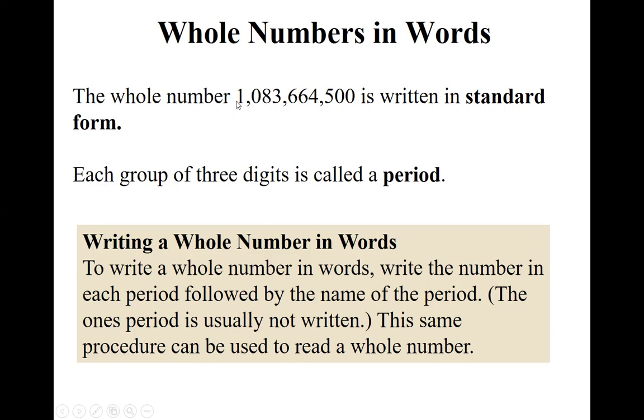So this is 1 billion, and then 83 million, and then 664,000, and then 500, just 500, not 500 ones. So 1,083,664,500. That's written in standard form.